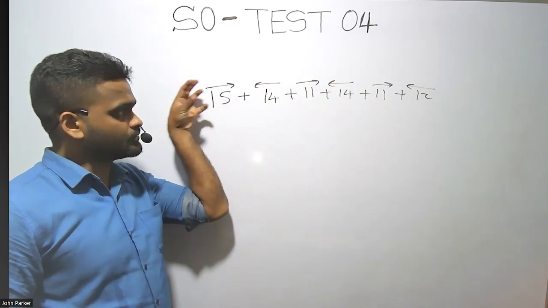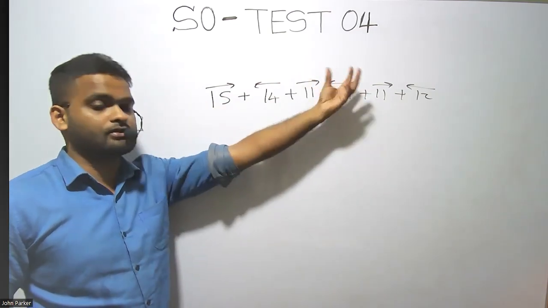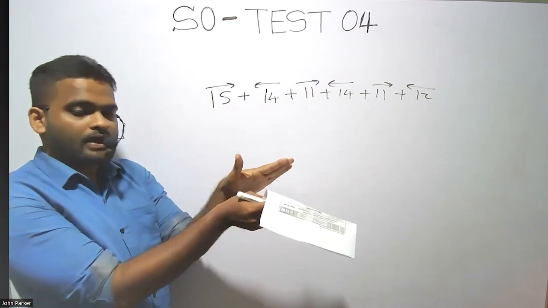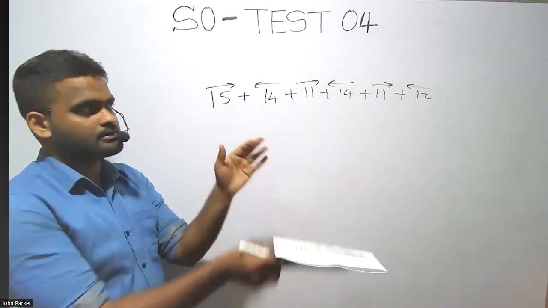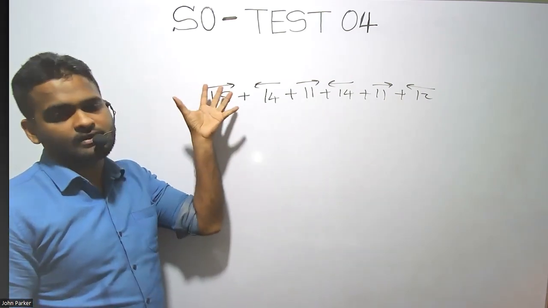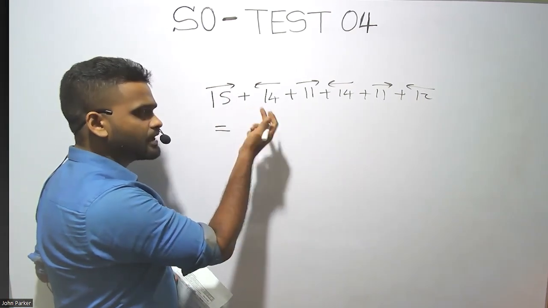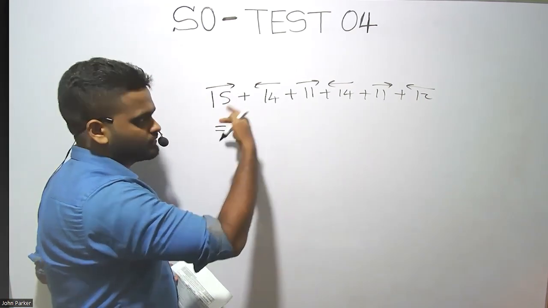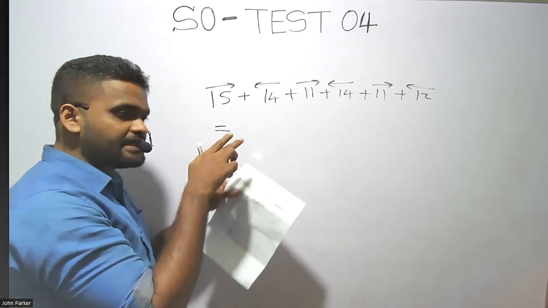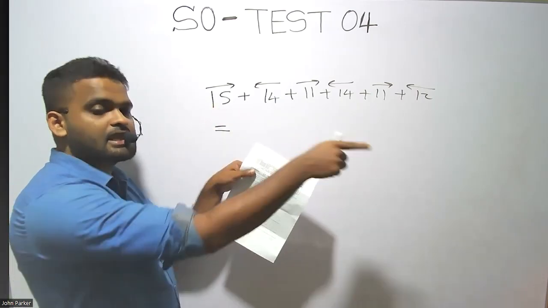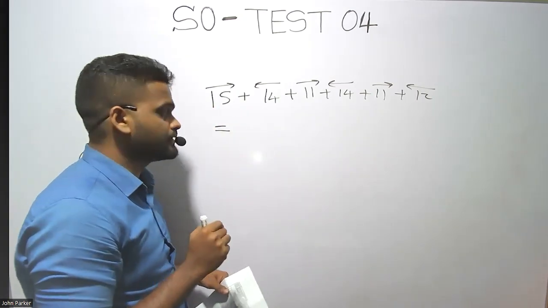They are either in this direction or the other direction. These vectors are not inclined vectors, so we can easily simplify them. You should know, in order to simplify two vectors or a bunch of vectors, their directions must be the same. Otherwise you cannot do that, right?